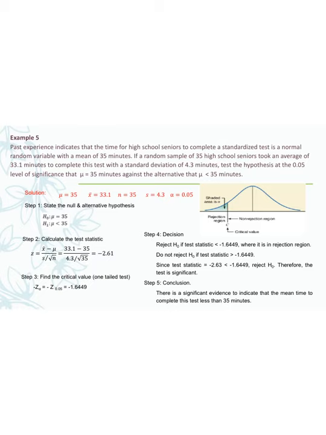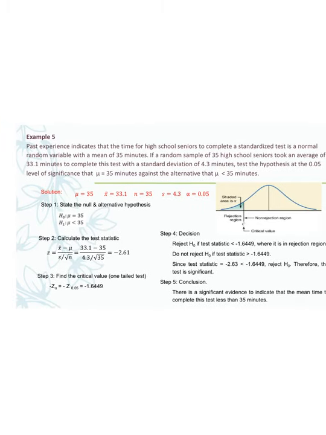Okay, let's take a look at example 5. Past experience indicates that the time for a high school senior to complete a standardized test is a normal random variable with mean 35 minutes.